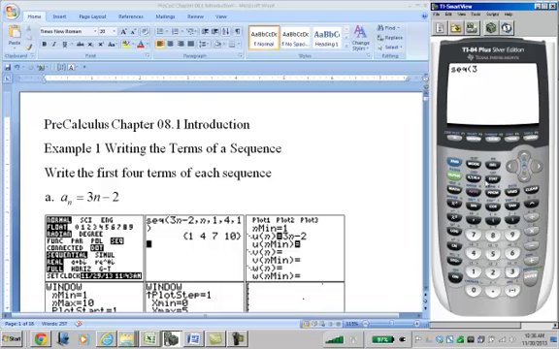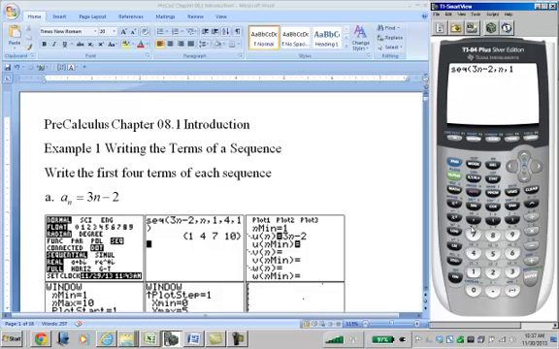Notice that instead of having the variable x, we now have the variable n: 3n minus 2. That's the first thing I'm going to put into the sequence. The second thing I'm going to put in is the variable that I'm using to stand for the sequence number, and that, of course, is n. The next thing is the first value of n in the sequence, and that's 1.